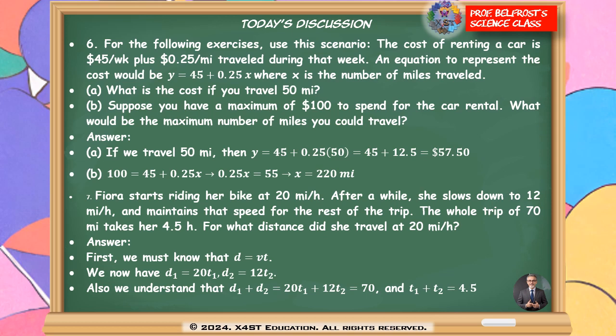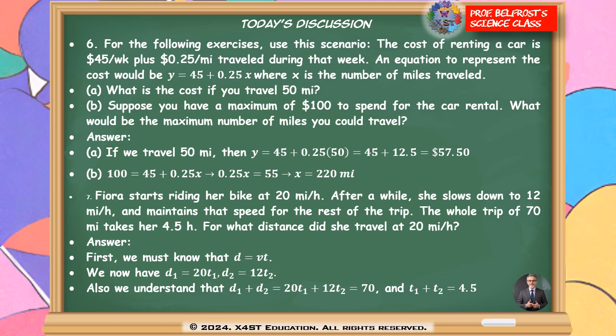By using this, you can write two more equations. The first distance is 20 t1, and the second distance is 12 t2. We know that the whole trip is 70 miles, so 20 t1 plus 12 t2 equals 70, and it takes 4.5 hours to travel this distance, so t1 plus t2 equals 4.5.